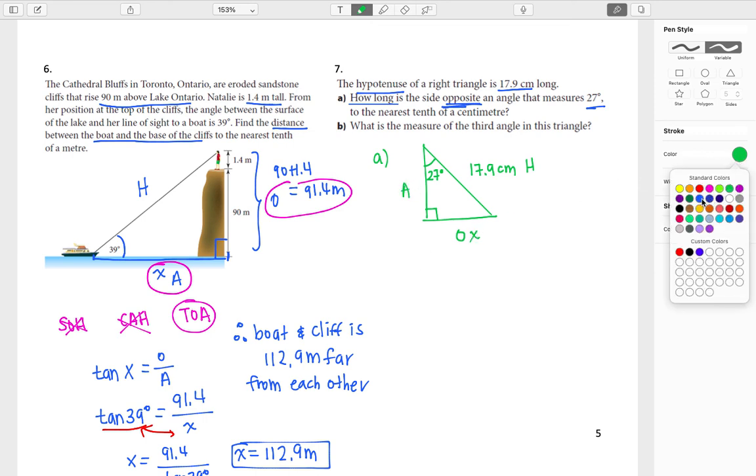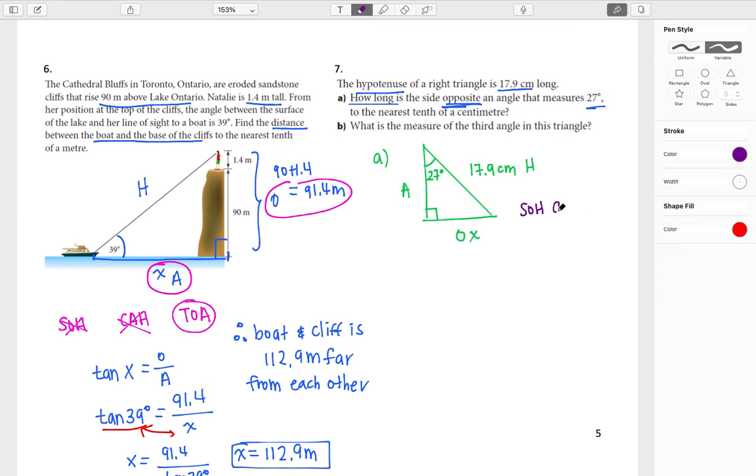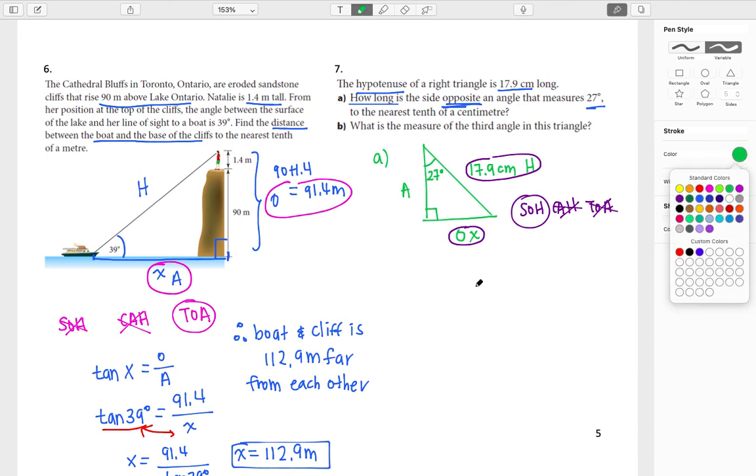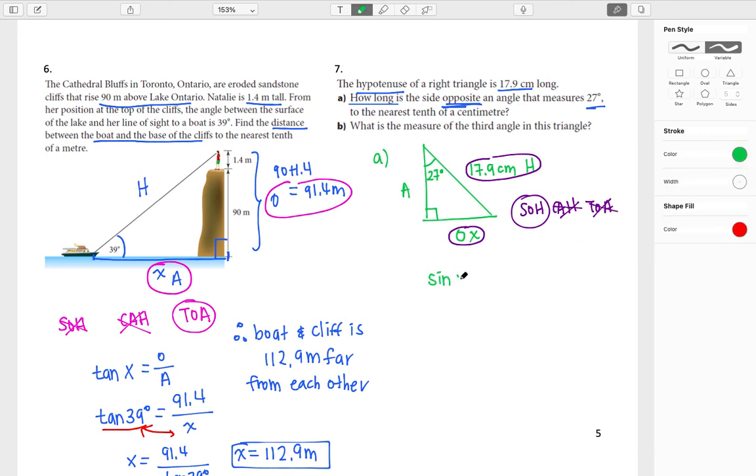We will have to, again, use SOH CAH TOA because we're not given two lengths. So we're looking for opposite, and we're given hypotenuse. So we need a formula that contains O and H, which is sine, right? So the rest is out of the picture. So using the formula, sine x is equal to opposite over hypotenuse.